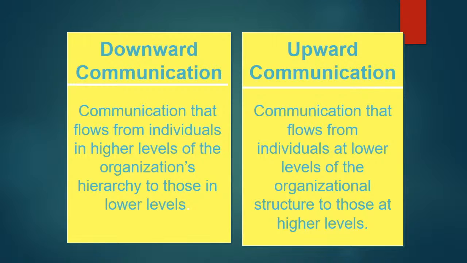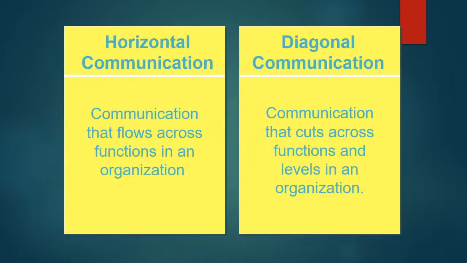So this is the sort of information which is being communicated from the lower levels of the organization to the higher hierarchical levels of the organization. Then the other one is the horizontal communication. This is the communication that flows across the functions in an organization. So whenever the communication occurs among the different departments, among the different functions of the organization, or at the same levels of the organization, that is termed as horizontal communication.